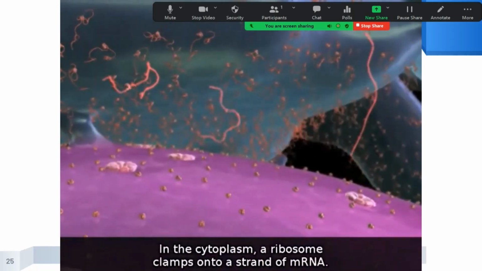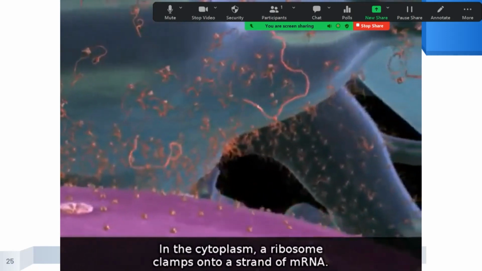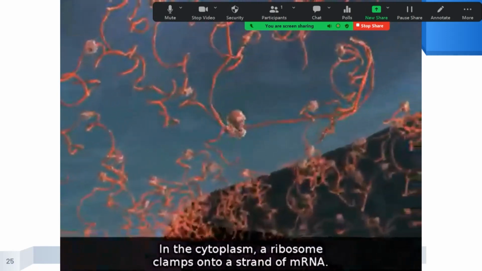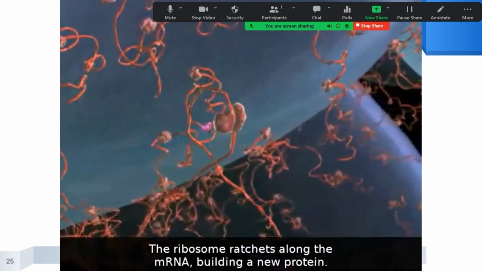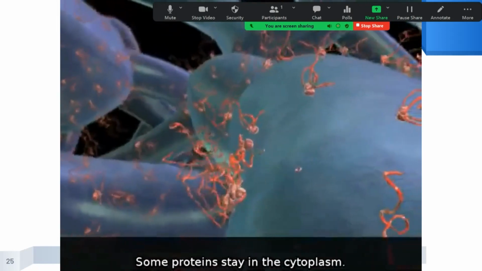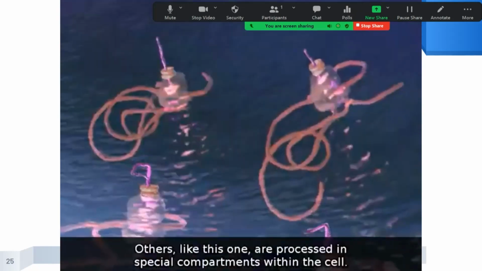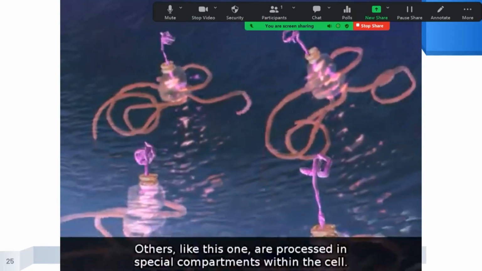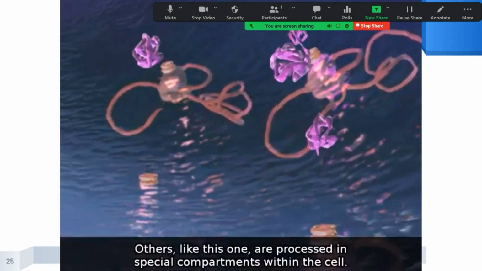In the cytoplasm, a ribosome clamps onto a strand of mRNA. The ribosome ratchets along the mRNA, building a new protein. Some proteins stay in the cytoplasm. Others, like this one, are processed in special compartments within the cell.